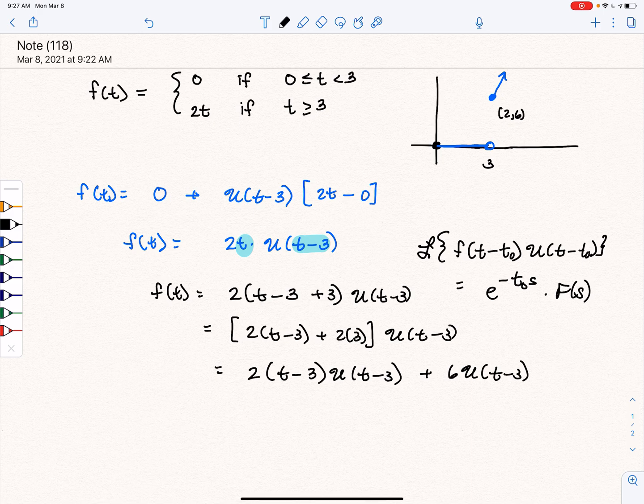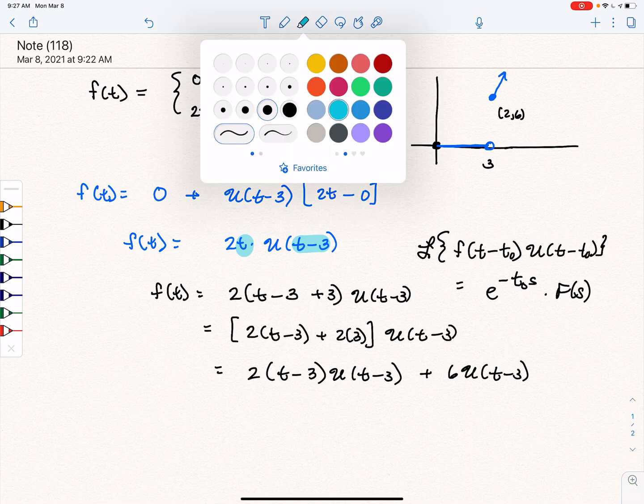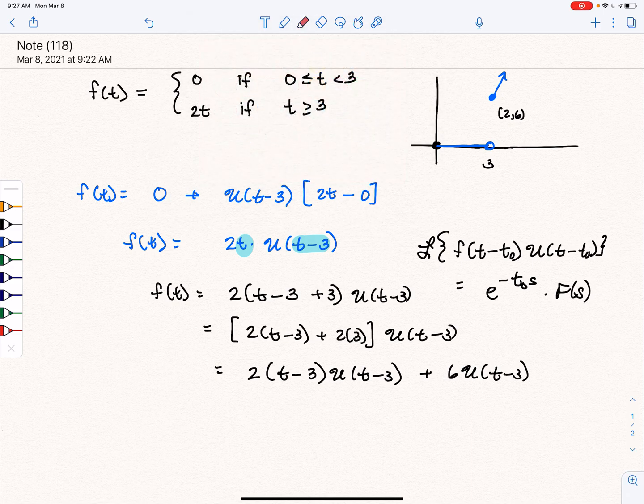And now we notice that both the function and the unit step are in sync. They're both functions of t minus 3. So that means we can now take the Laplace transform. Now looking at this, we want to know what the original transform big F of s was. This is really f of t equals 2t, which means that big F of s is 2 over s squared.